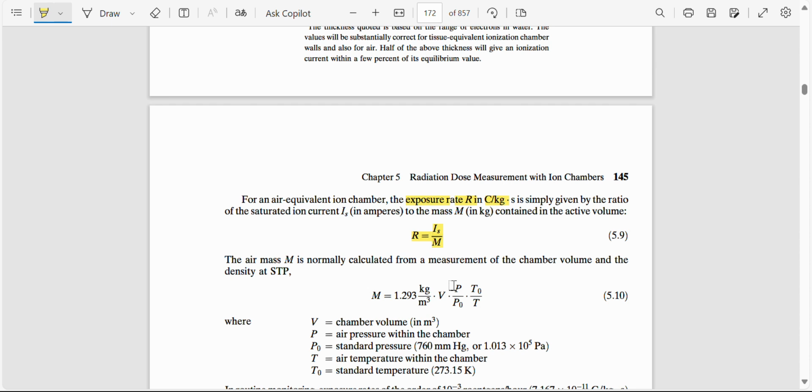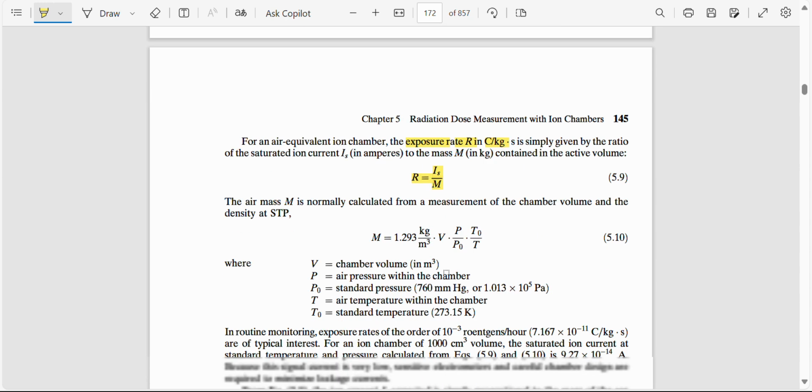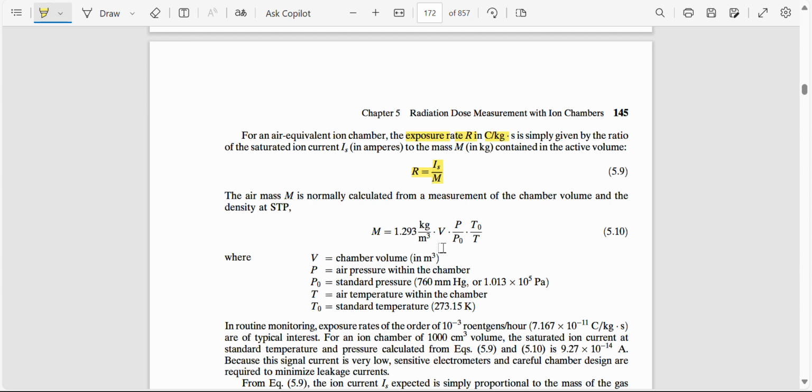M is the air mass, made of the chamber volume and the density at STP, standard temperature and pressure. M equals 1.293 kg per meter cube times volume V times P divided by P naught, times T naught divided by T. Here V is the volume inside your gas chamber, P is the air pressure within the chamber, and P naught is the standard pressure.